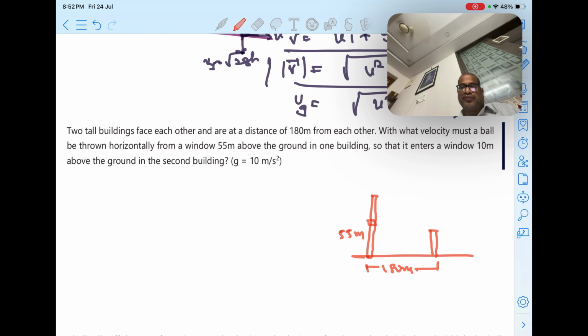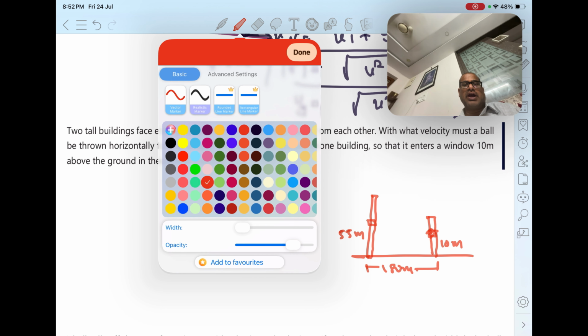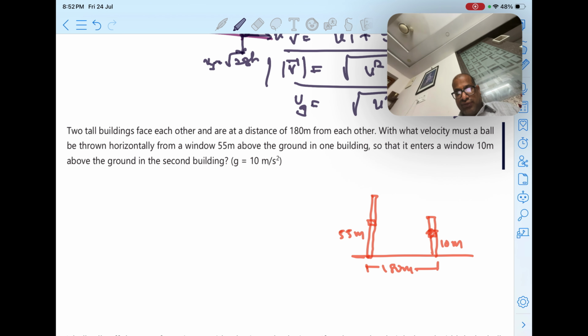So the gap between them will be 45 meters. Now you are throwing the object from 55 meters above the ground to 10 meters above the ground. If you see the diagram here, the gap between these two is 45 meters.